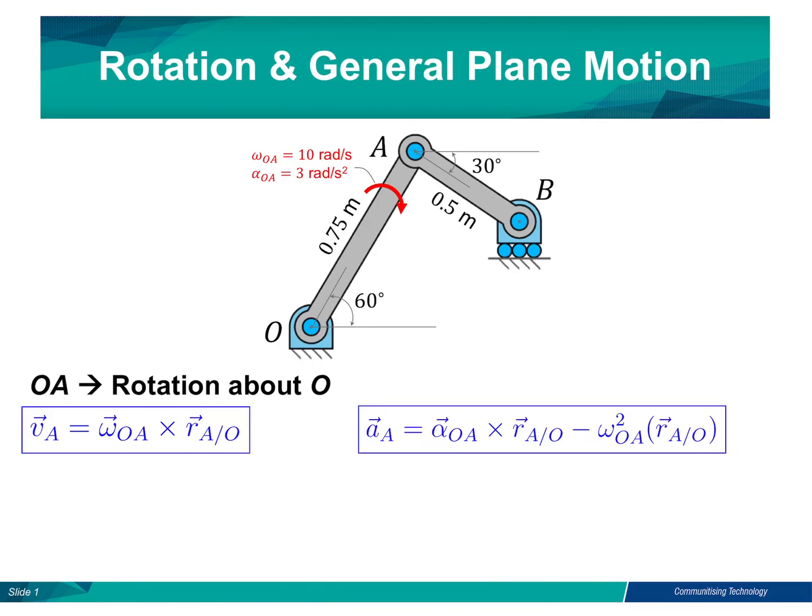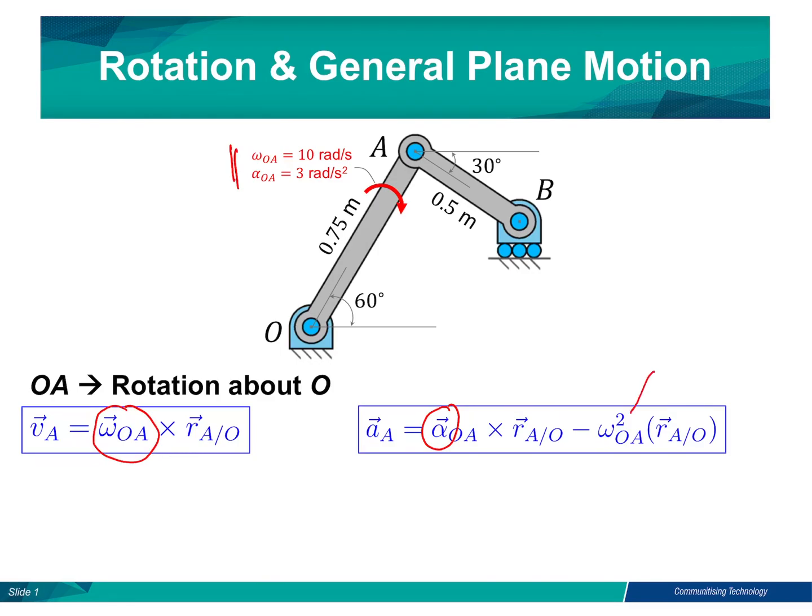If we want to calculate the acceleration of point A, then the equation is AA equals alpha OA, which is the angular acceleration of rod OA, and this alpha is normally given, cross product RA/O minus omega OA squared. This is the same omega as what we have here, and these two values are given.